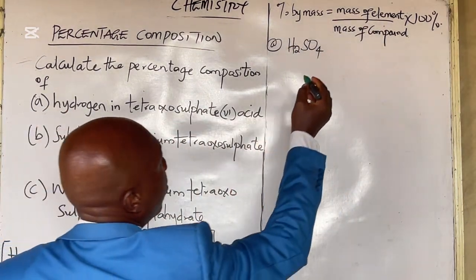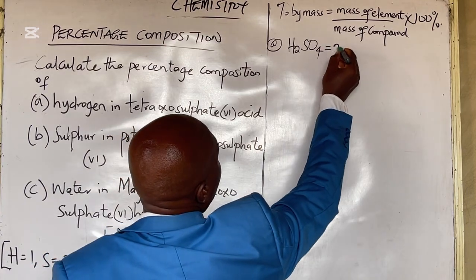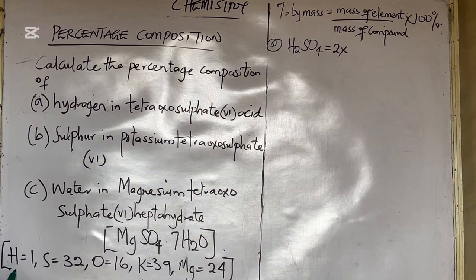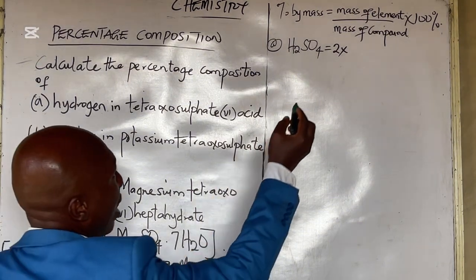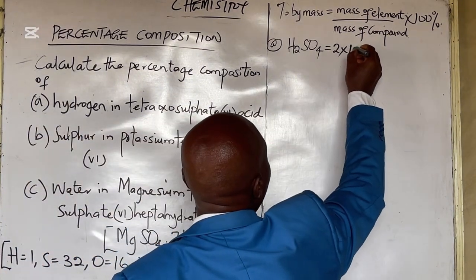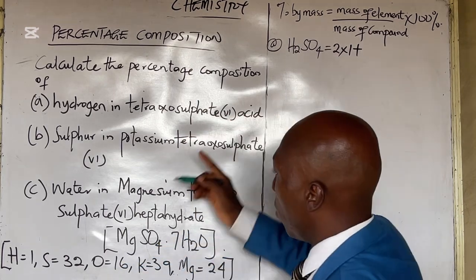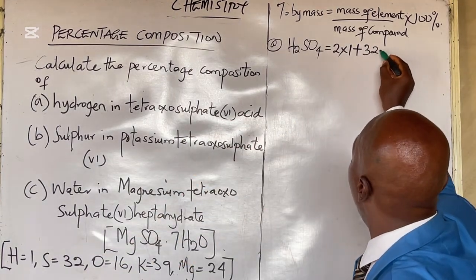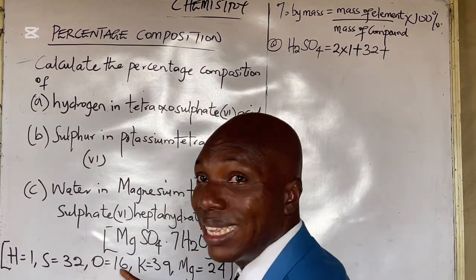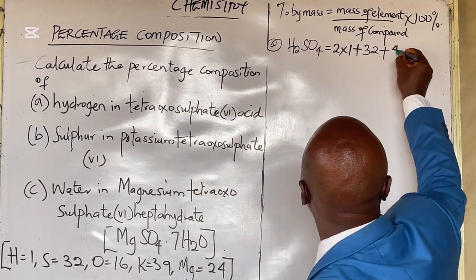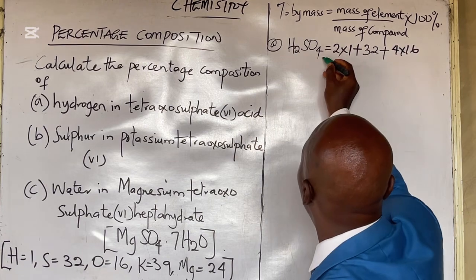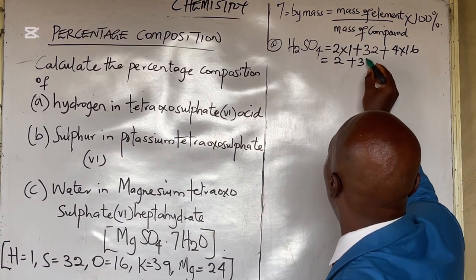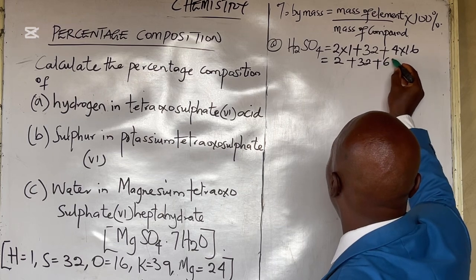H2SO4. So we have hydrogen is 2, and the relative atomic mass is 1. So we have 2 times 1, plus sulfur is 32, plus oxygen, that's 4 times 16, which is 64.